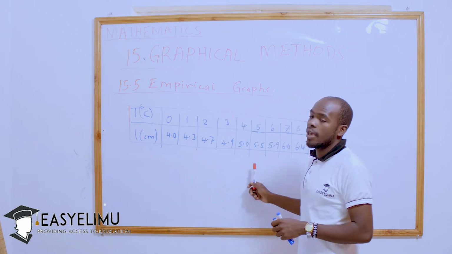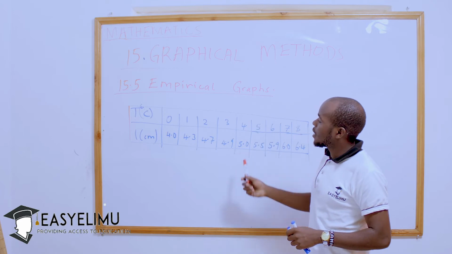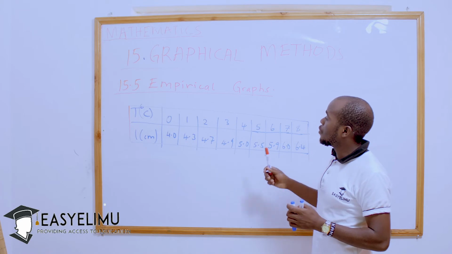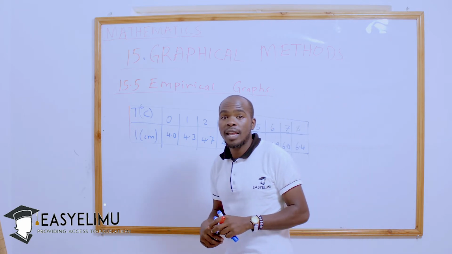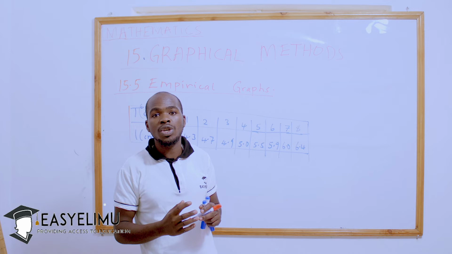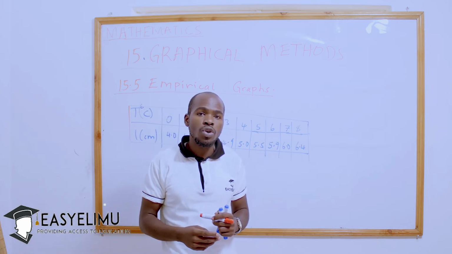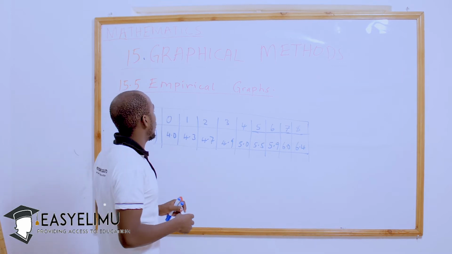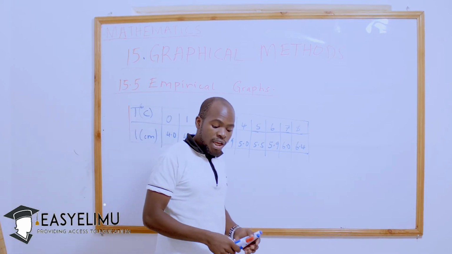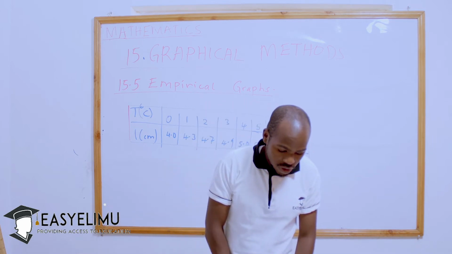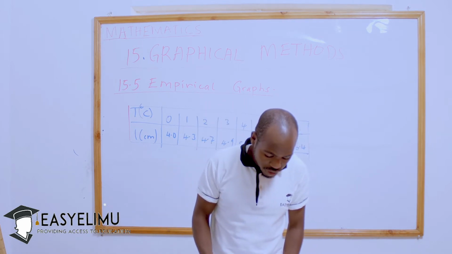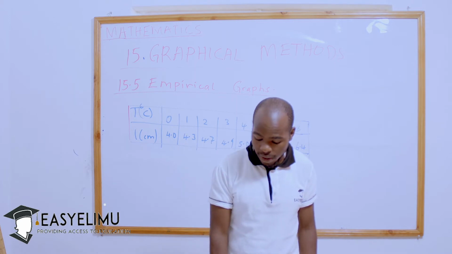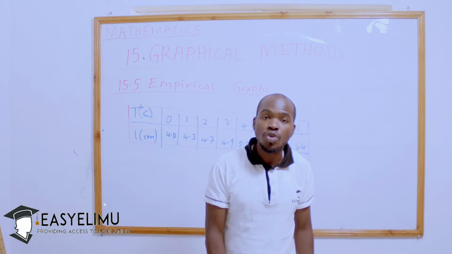So as we can see here, this is raw data from the experiment being done, and if you use it to construct a graph, you will find there is a certain appearance which will be abnormal according to normal graphs. This will give us some different kind of results, so that when you plot these graphs, you will find that some of the points lie outside the line which you want to construct.